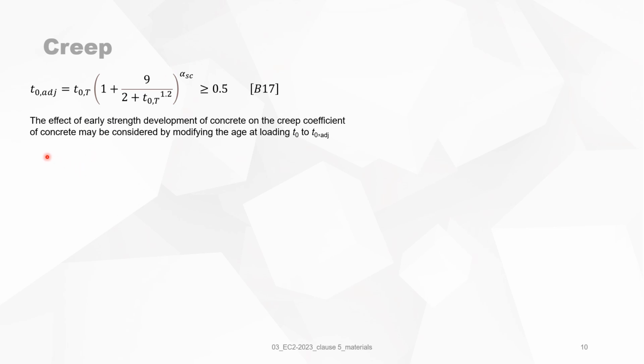In fact, why do we use the adjusted time of loading? Because it is the effect of early strength development of concrete on the creep coefficient of concrete, and it may be considered by modifying the age at loading T0 to T0 adjusted.